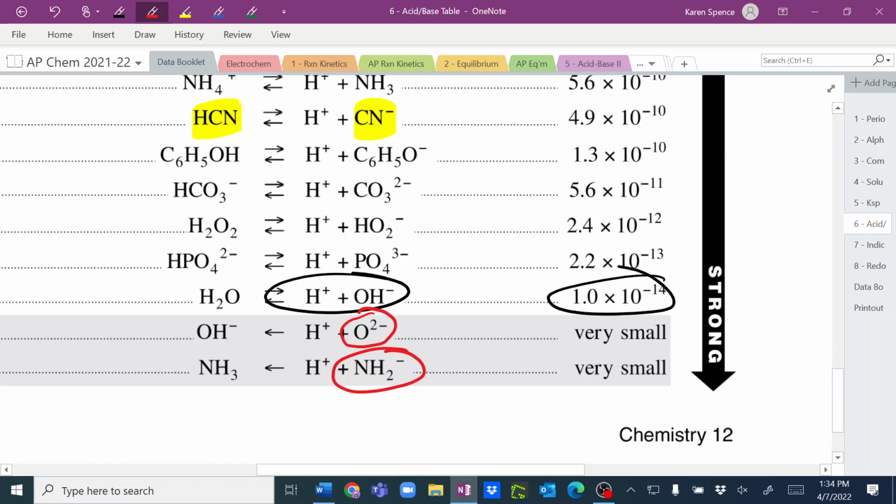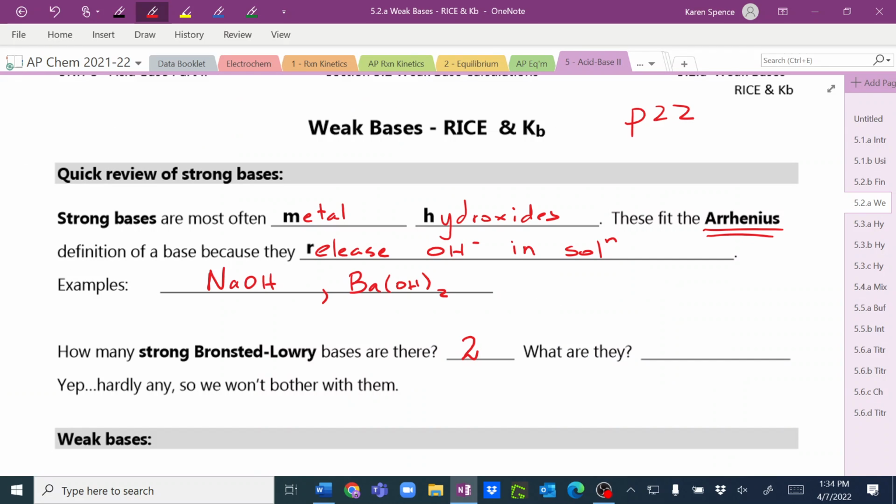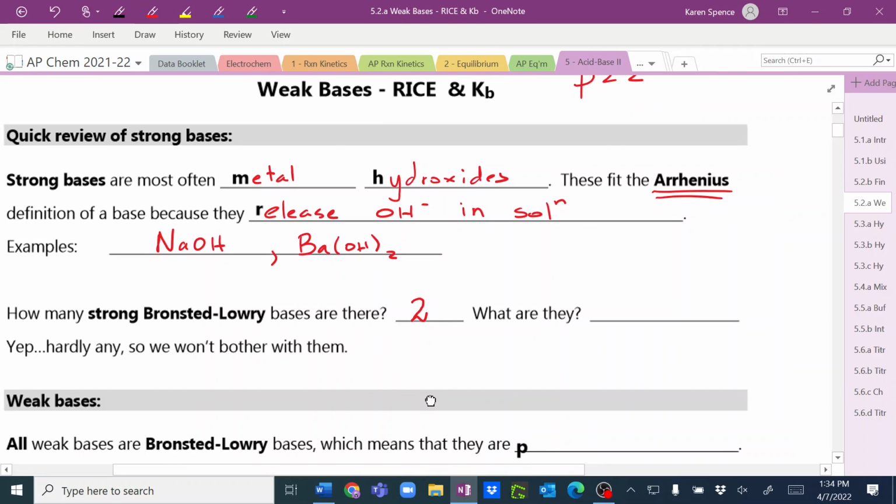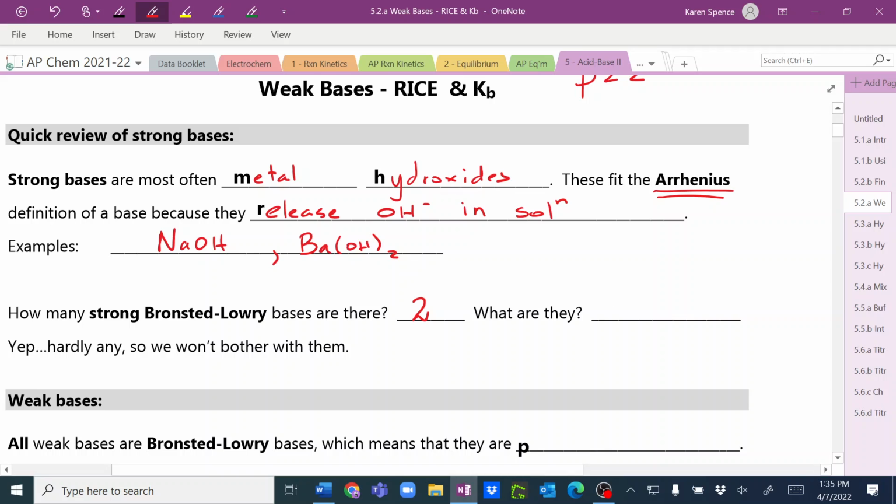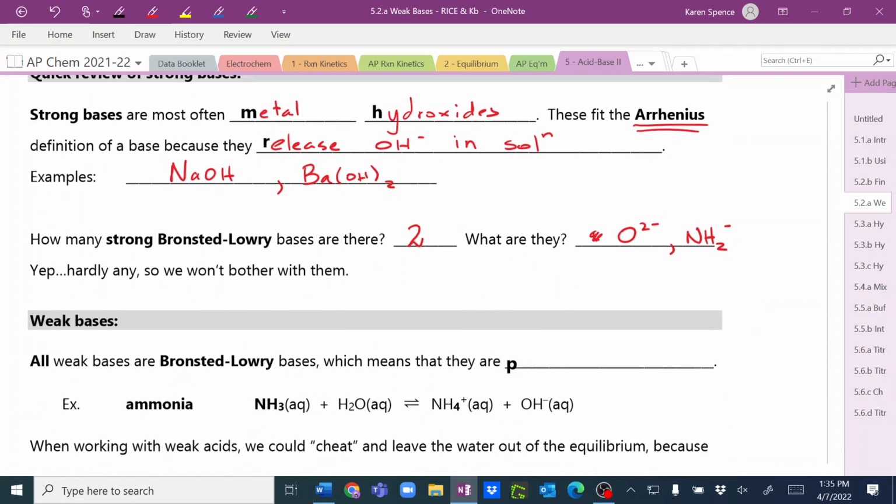It isn't itself a strong base. It's what's produced by a strong base. So what are the 2 strong Bronsted-Lowry bases? O2 minus and NH2 minus. Hardly any, so we're not going to bother with them. Not right here and not right now, okay?